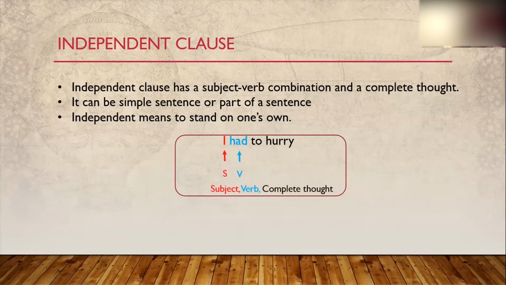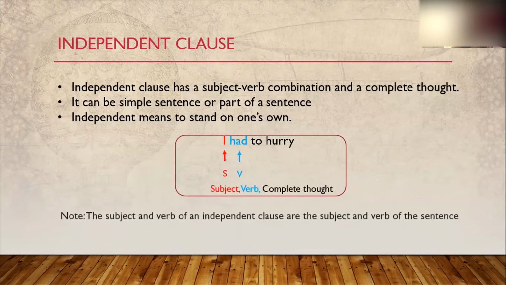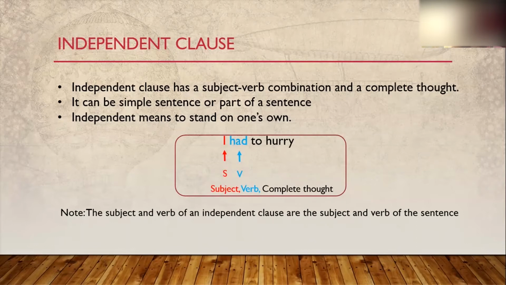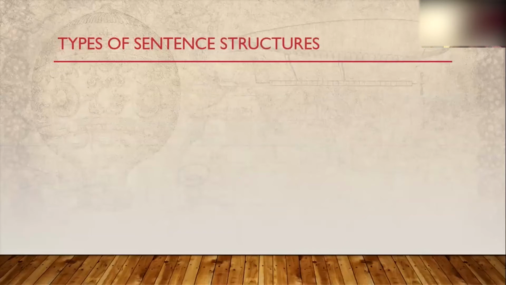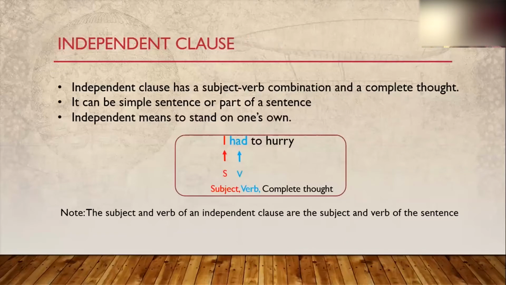It is a complete sentence and is giving a complete thought. And one thing to be noted here as well is that the subject and verb of an independent clause are the subject and verb of the sentence. In dependent clauses, it is not, but in an independent clause, it actually is.